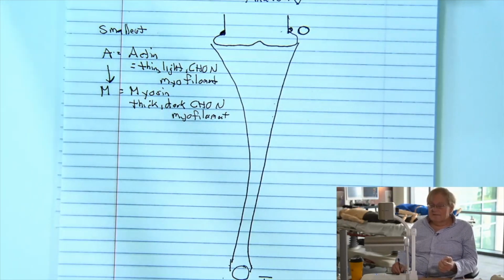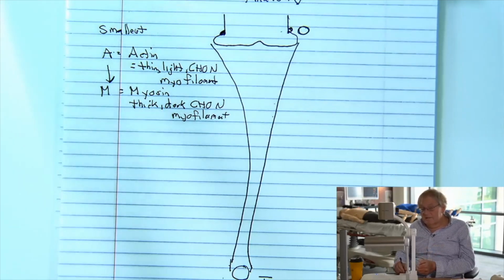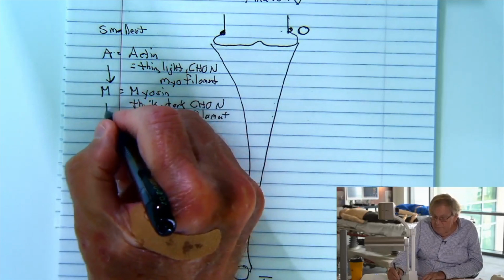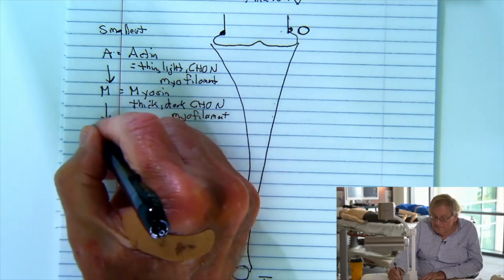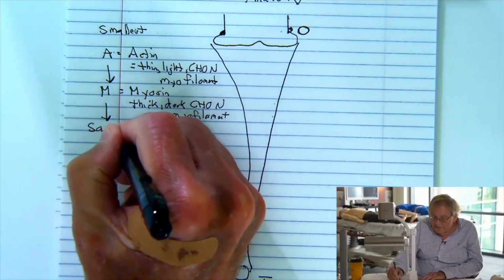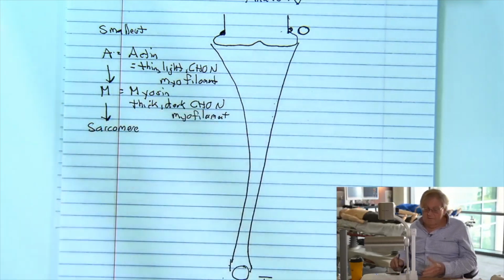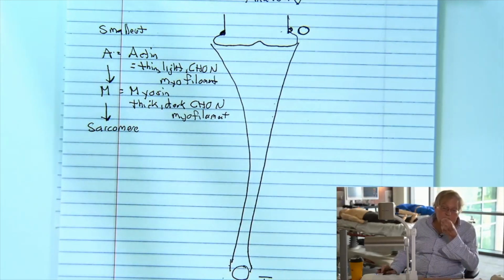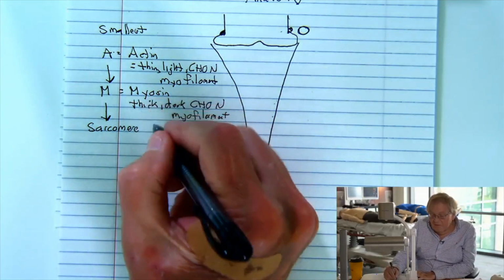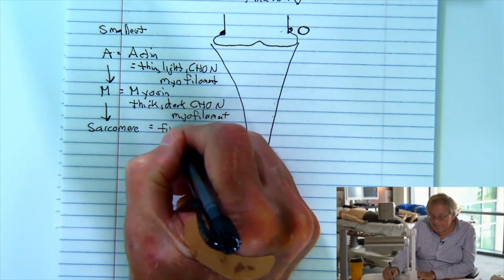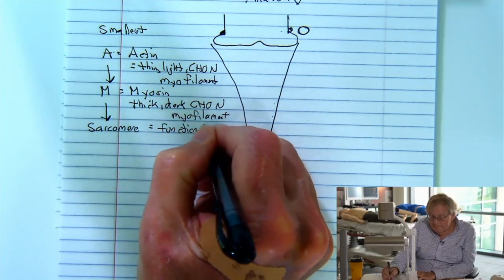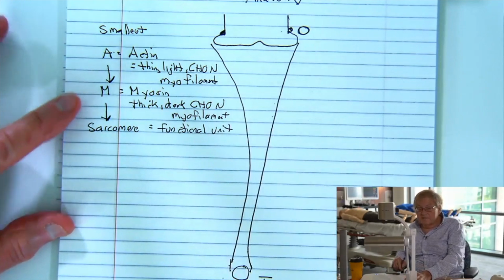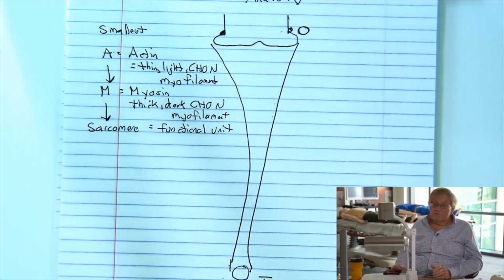Then I take actin and myosin and put those together, and they form something called a sarcomere. Remember, we're talking about skeletal muscle here. A sarcomere is the functional unit of skeletal muscle. Again, I can't see actin, myosin, and sarcomeres without the aid of a microscope.